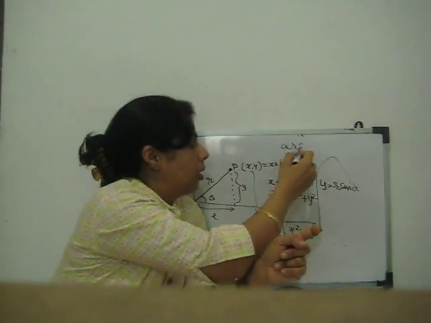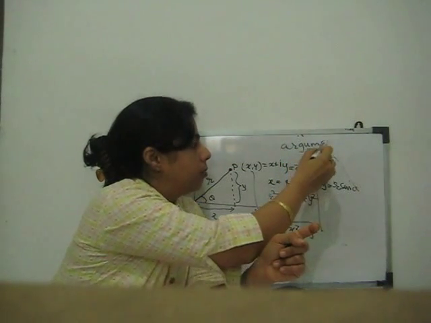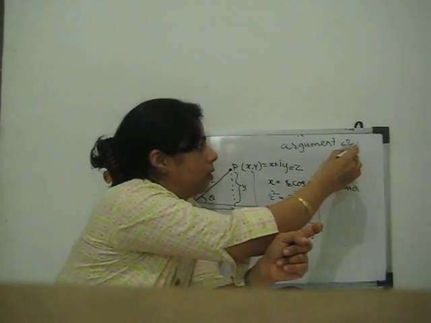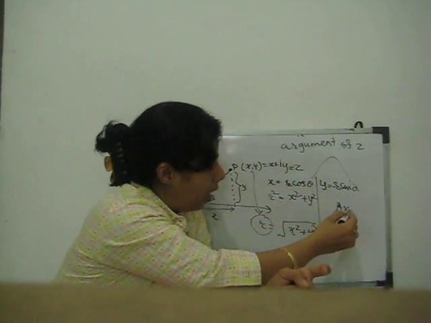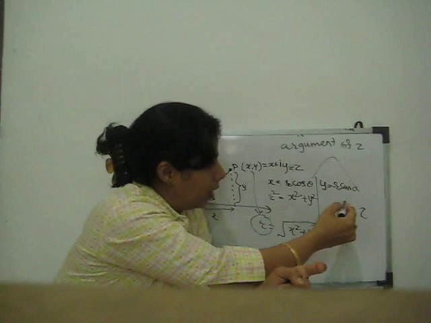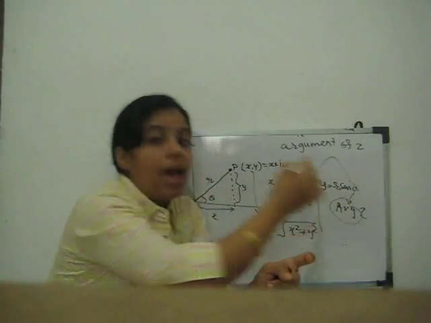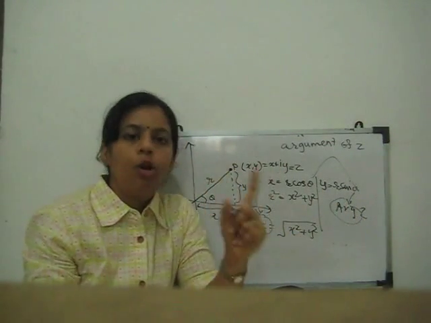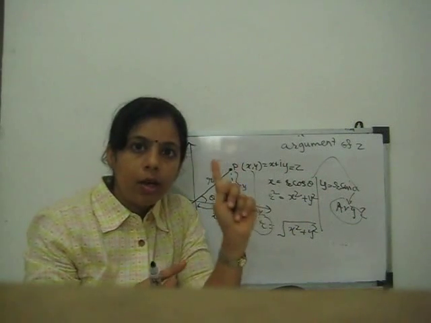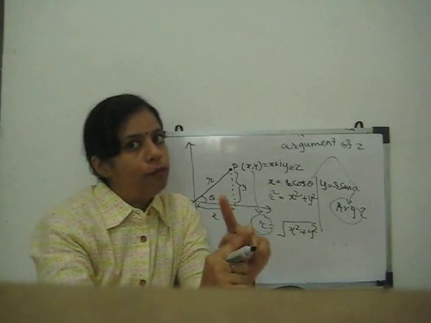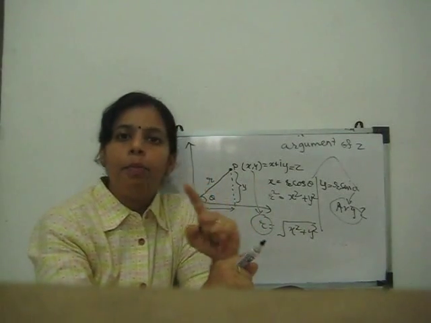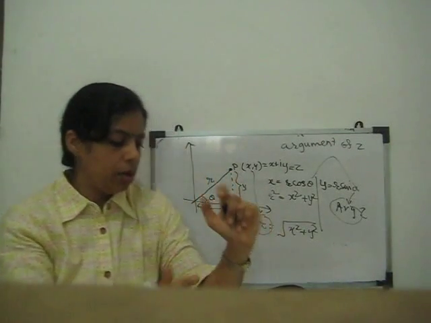This is called the argument of z. We can write this as ARG z. Argument is what? The value of theta. The value of theta represents any complex number, known as the argument of that number, or we can say the amplitude of that number.